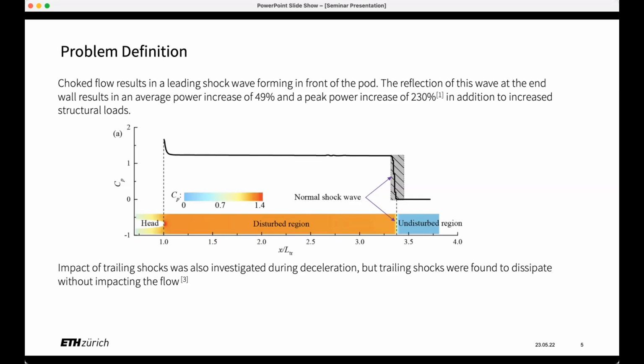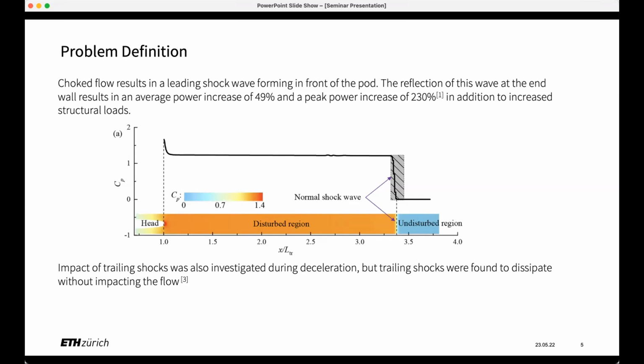And this shockwave was found to result in an average power increase of 49% and a peak power increase of 230%. And that is compared to a conventional tunnel. So all of a sudden, not only are you spending more power, but your peak power, which will hit you actually at the moment that the reflected shockwave that we're going to talk about hits the train, is going to cause a massive deceleration of the train unless your train is suddenly way more powerful.